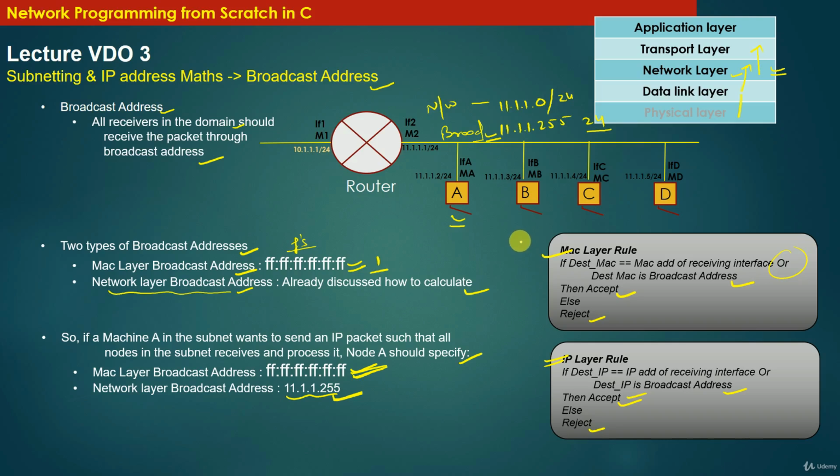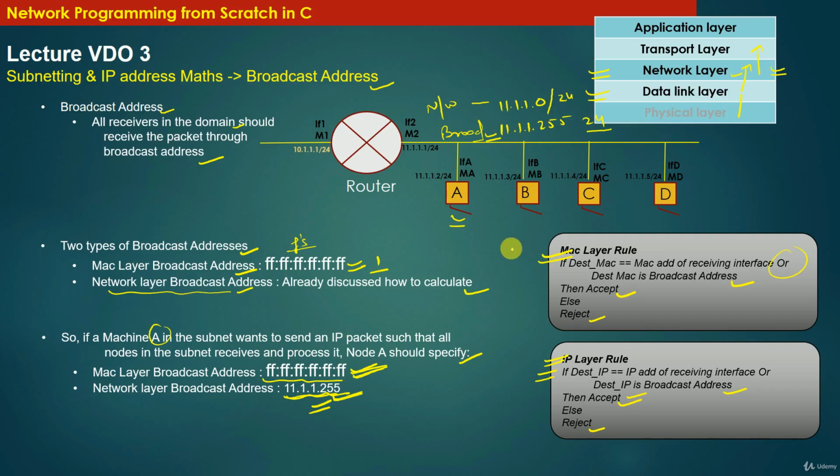So whenever the machine receives a packet, it imposes the MAC layer rule at the data link layer and the IP layer rule at the network layer of the TCP/IP stack. If machine A generates a packet such that the destination MAC address specified is a broadcast address and the destination IP address is also the broadcast address for that subnet, then the rest of the machines in that subnet will accept and process the packet.